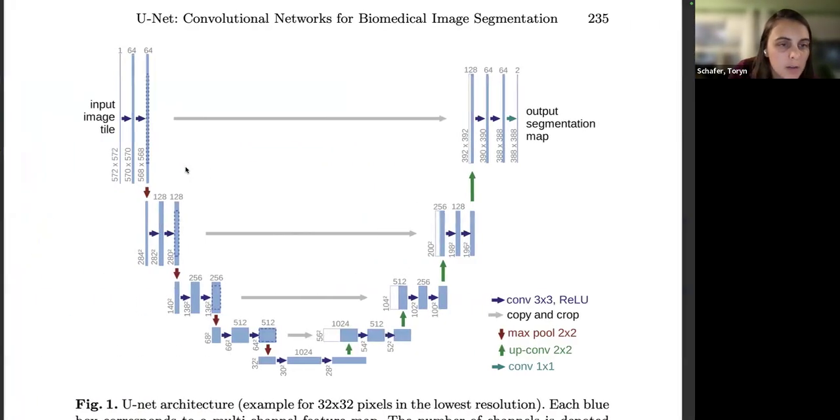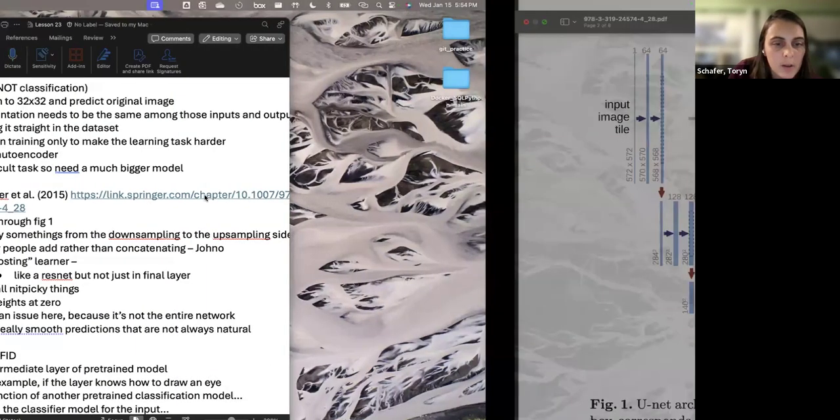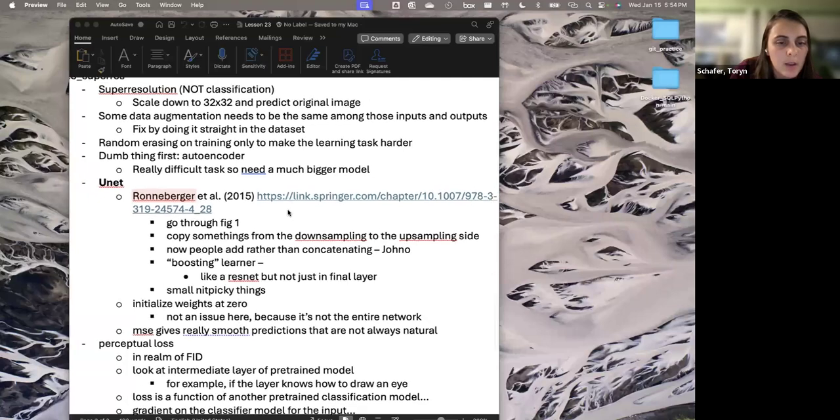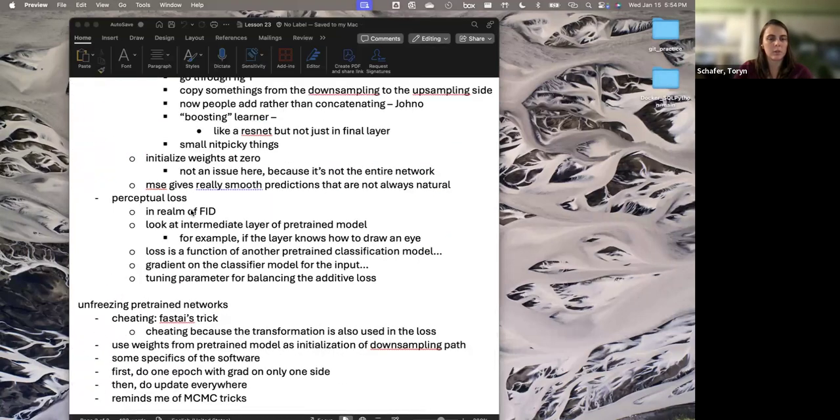And let me look at my notes. Okay, Ronneberger, we need to look at. Oh wait, no, that was the U-Net thing, perceptual loss. So this is in the realm of our FID, in the sense that we're using another model to inform our loss.